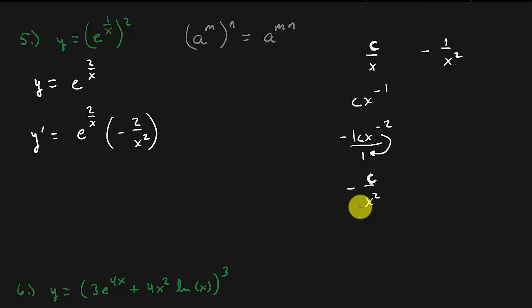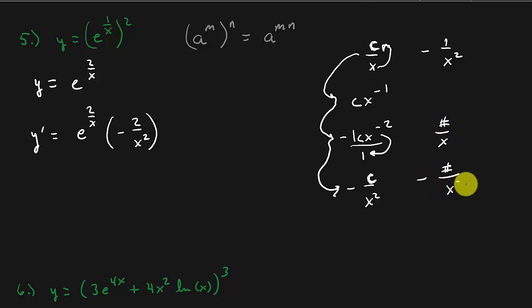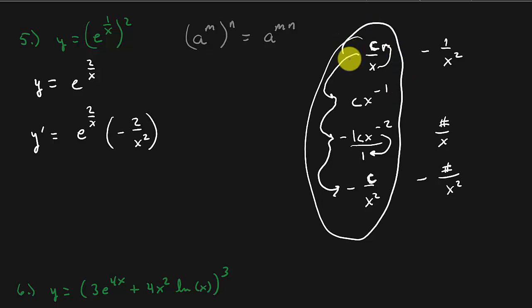So I would remember it. What that's going to do is save you some time from having to do these steps here. You won't have to move the x up and then do all that power rule. Just remember, if you have some number over x and you're taking the derivative, it's negative whatever that number is over x squared. And if you forget it, then you can go through this process right here to find the derivative.